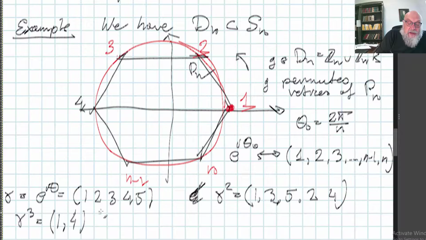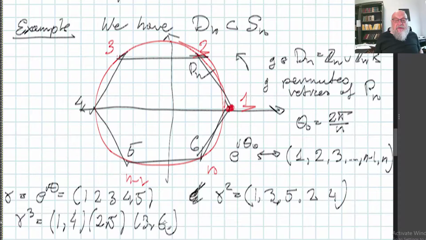You can see 1, 2, 3, 4, 5, 6. Very good. So 2 goes to 5, 3 goes to 6. This is how it goes. So this will be that one, and then you can continue.